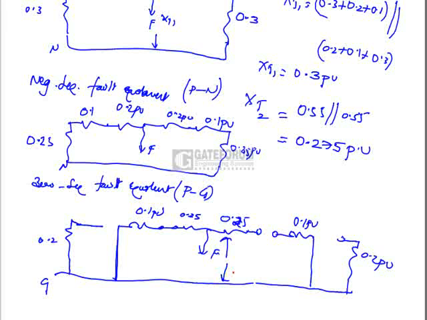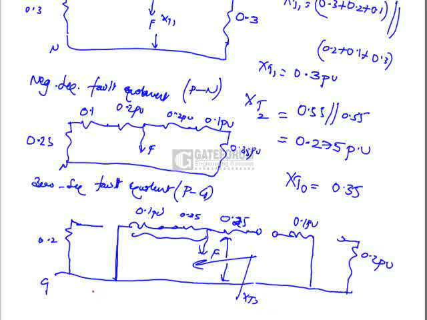If you calculate this between these 2 points, Xt0 or X0 is equal to 0.35. Okay, only these two will come into picture if you see from this side. This is what Xt0.